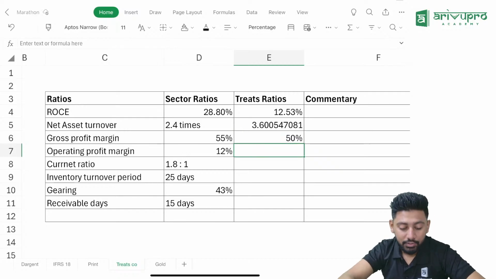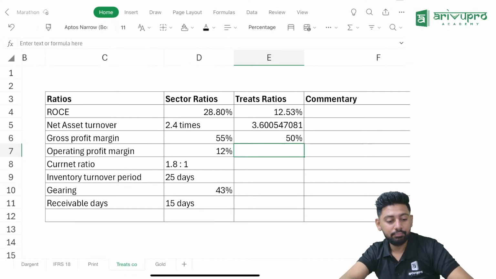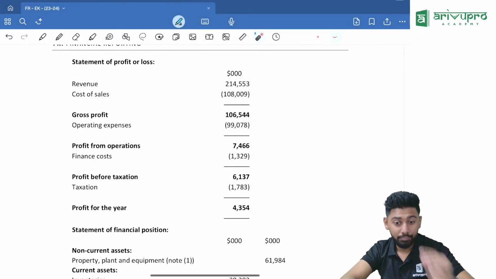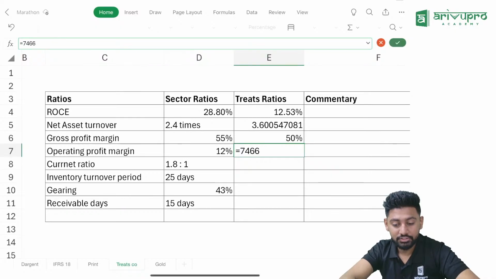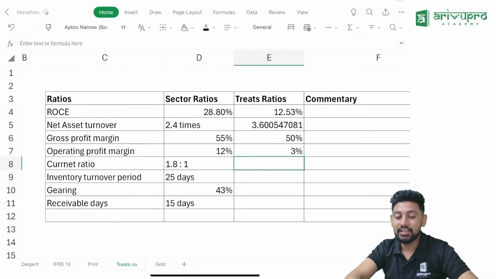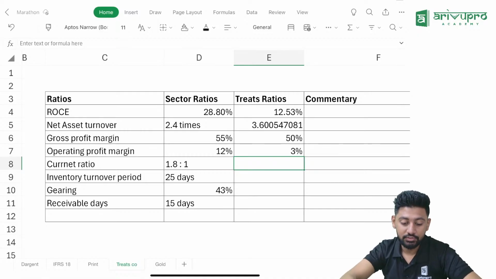And then I've got my operating profit margin, which takes operating profits over my revenue. My operating profits is 7466 over 214553, which gives me 3%.